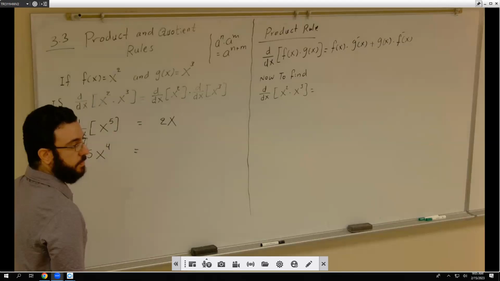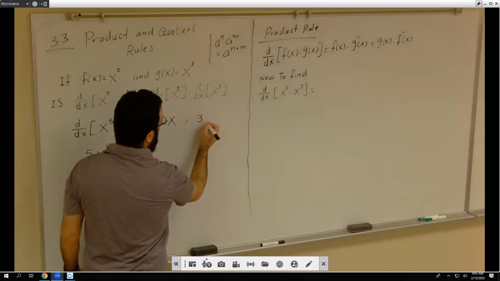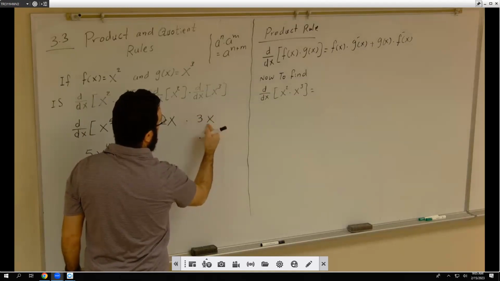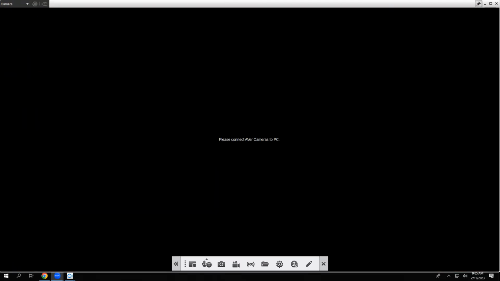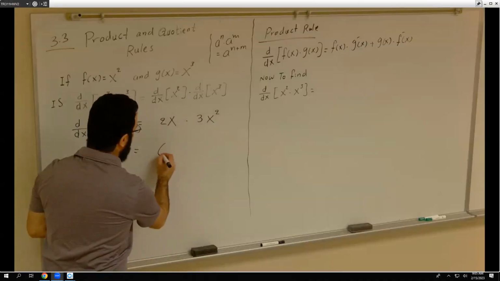Times, if I find the derivative for the second function, it's going to be 3, and here is the x. 3 minus 1 is going to be 2.